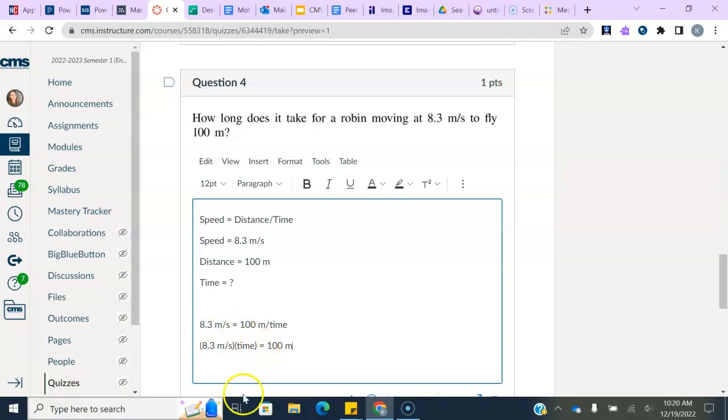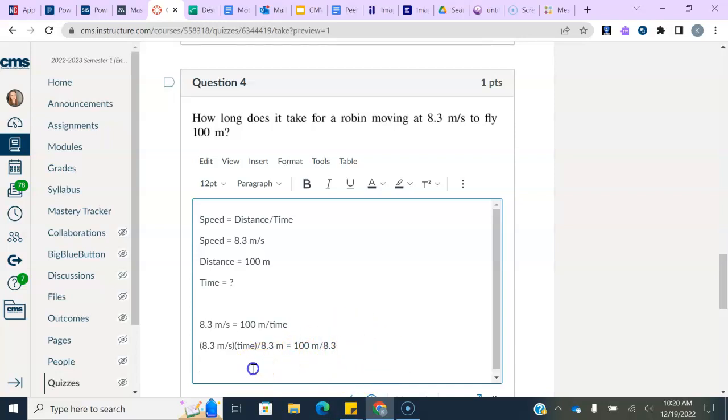We want to isolate the time, right? Because we want time by itself. So in order to isolate time, on both sides we're going to have to divide by 8.3 meters per second.